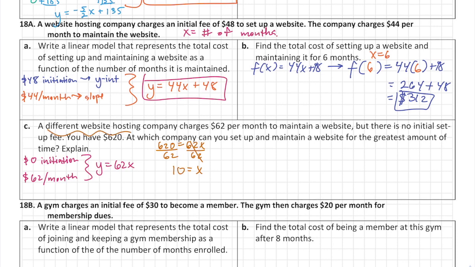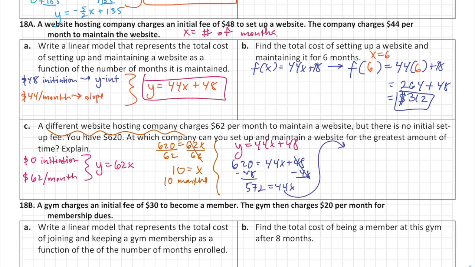So if I go with the different website hosting company, I would get 10 months. Now let's compare with the first company using this y equals 44x plus 48. Plugging in 620 and solving, I would subtract 48 from both sides and get 44x is equal to 572.